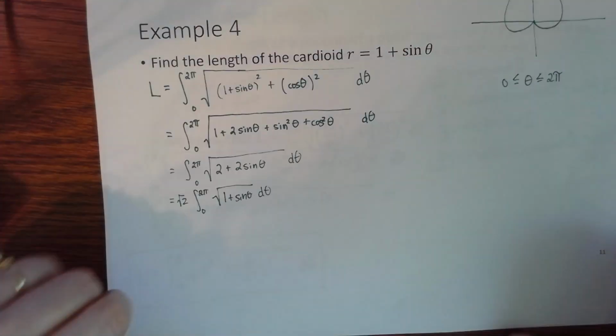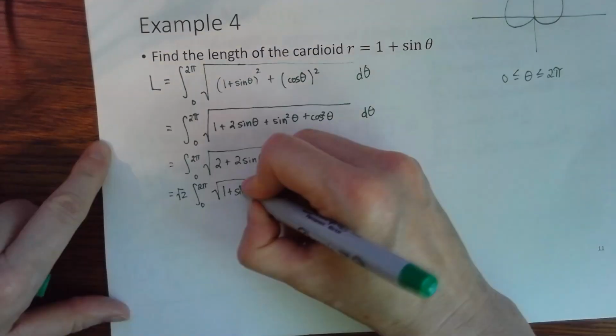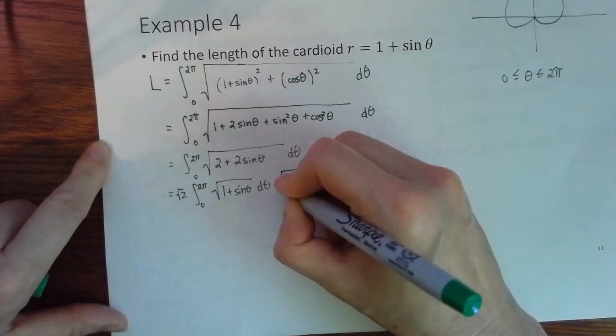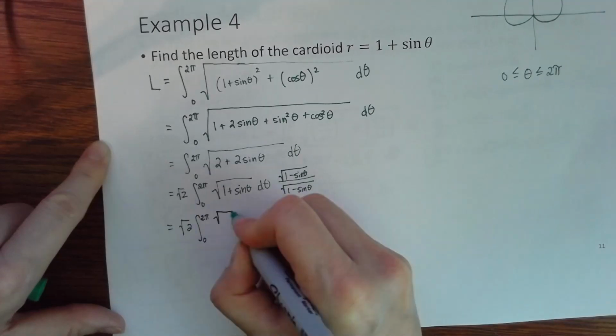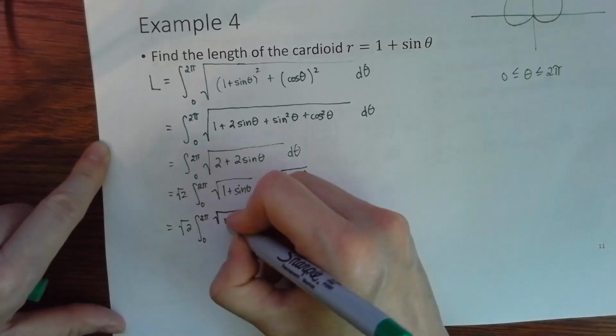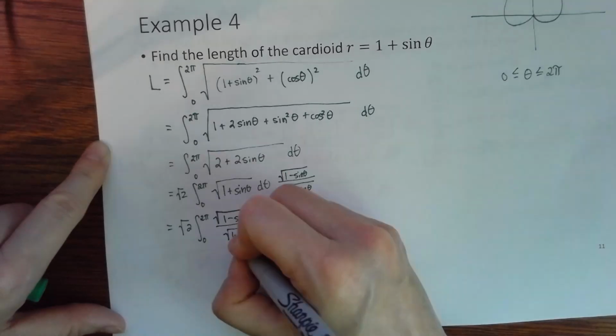And then this is a little bit of a tricky integral to do, but what we can do is multiply this by the square root of 1 minus sine θ over the square root of 1 minus sine θ. Then in the numerator, 1 plus sine θ times 1 minus sine θ is 1 minus sine squared θ. And then in the denominator we just have the square root of 1 minus sine θ.